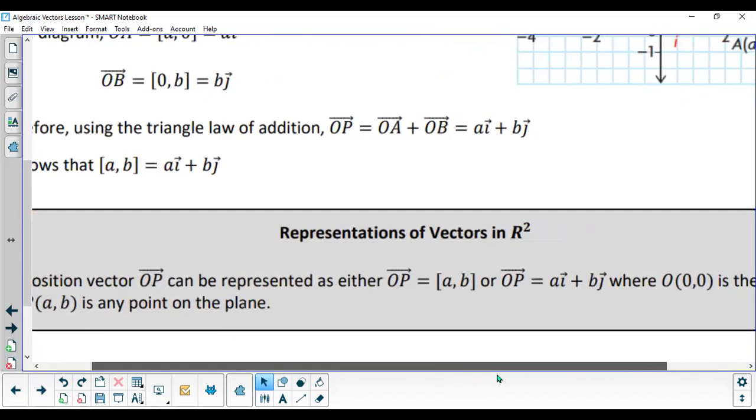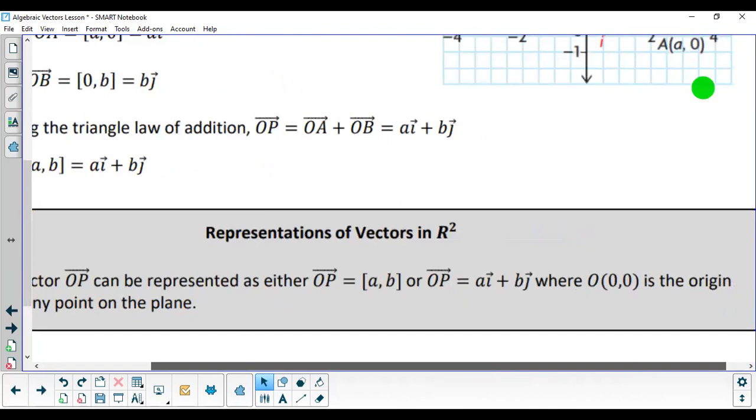OP can be illustrated by a scalar times I plus, that's horizontally, and a scalar times j. And we can illustrate the resultant or the position vector OP using that formula.